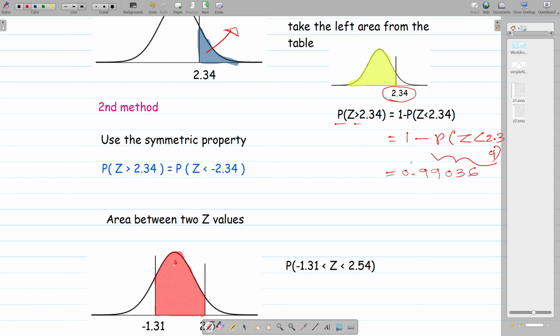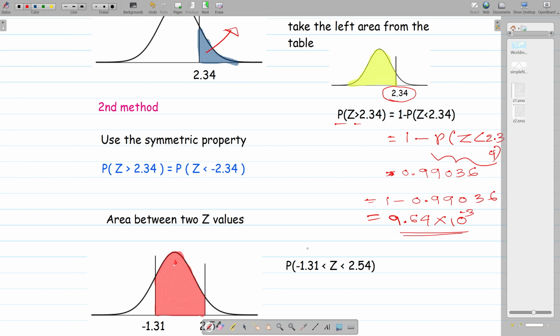To take the value greater than 2.34, we reduce this amount from 1. So, 1 minus 0.99036, which is 9.64 times 10 to the power minus 3. It's a very small area.